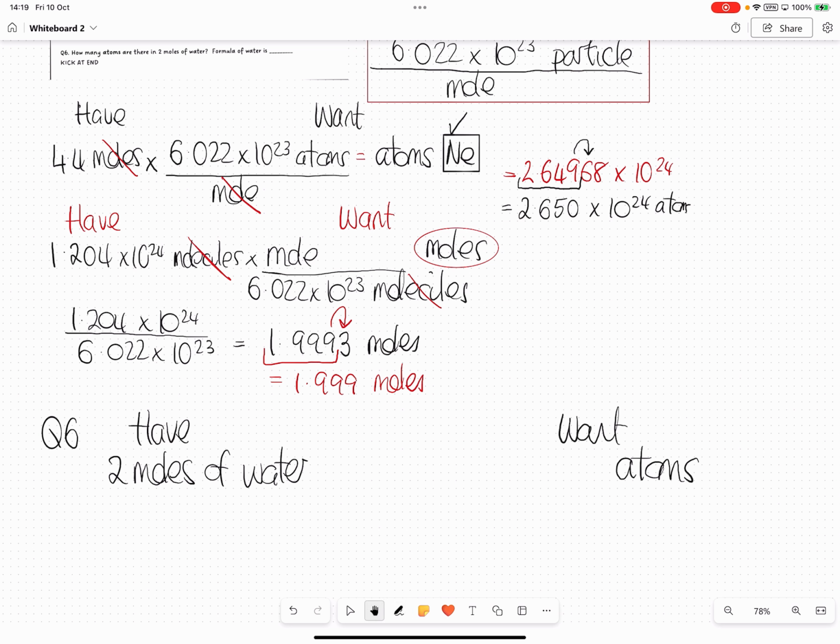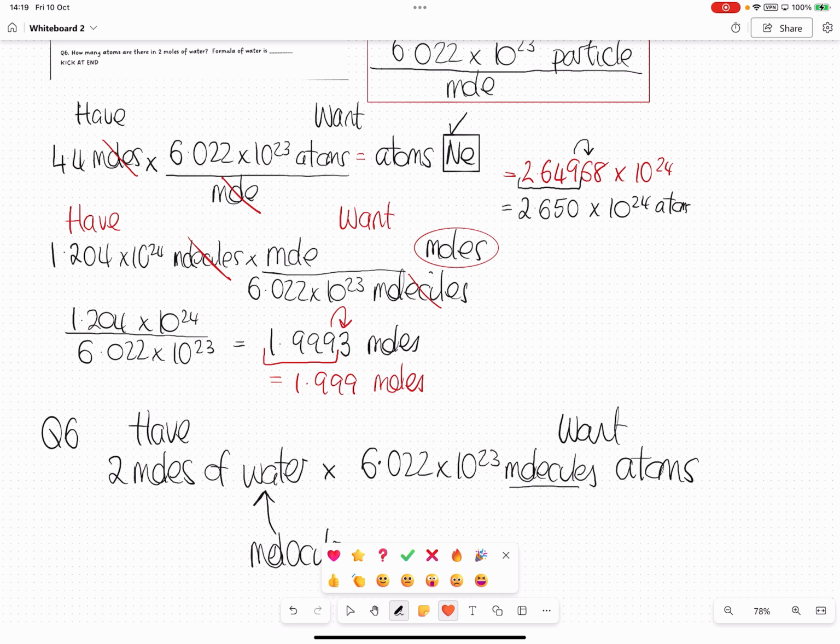Straight away I have to recognize that water is a molecule. So there's something I'm going to have to recognize at the very end of my maths. If I am using this as molecules, I need to arrange my conversion factor to get rid of moles. We have already worked out 6.022 by 10 to the 23 molecules, because that's what water is, over mole.